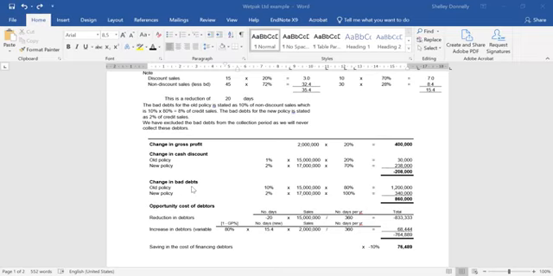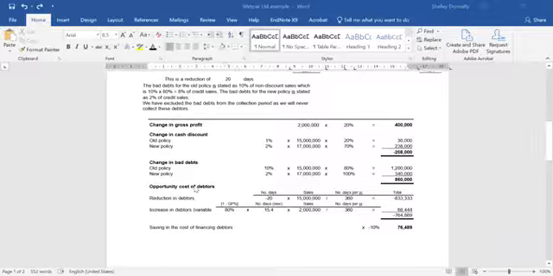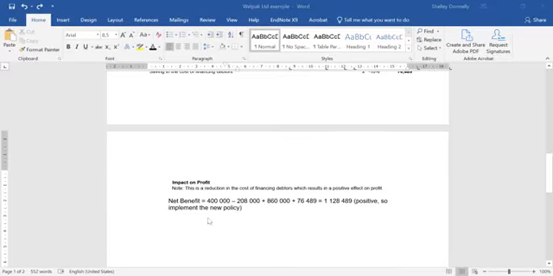You've got to consider whether that's going to be an inflow or an outflow. And then you've got the opportunity cost of your accounts receivable, the money that you have tied up in receivables, whether that's going to be a saving or a cost. And then you put everything together to get your net benefit.